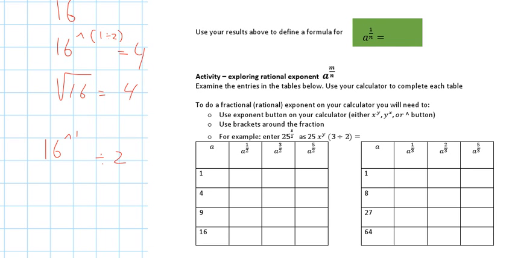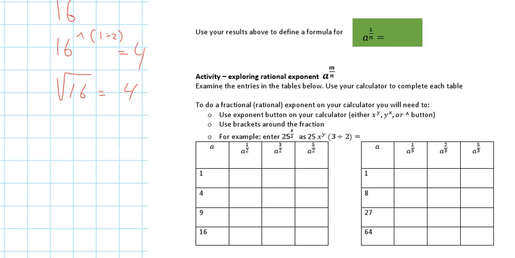If you don't put the bracket, that's what the calculator is doing. So it's just raising 16 to the power of 1, which is 16, and then dividing 16 by 2, which is 8. That's why you need to put power, and then put your exponent itself in bracket, because the exponent is a half. Yes. Okay.